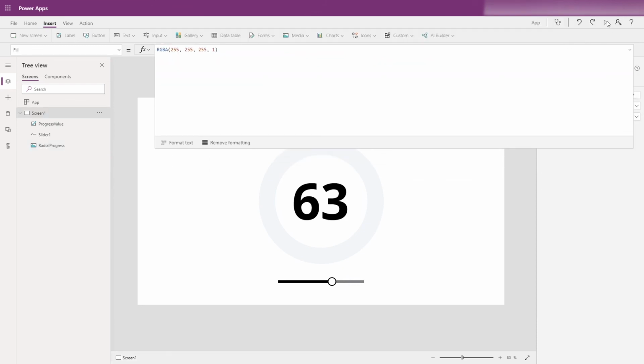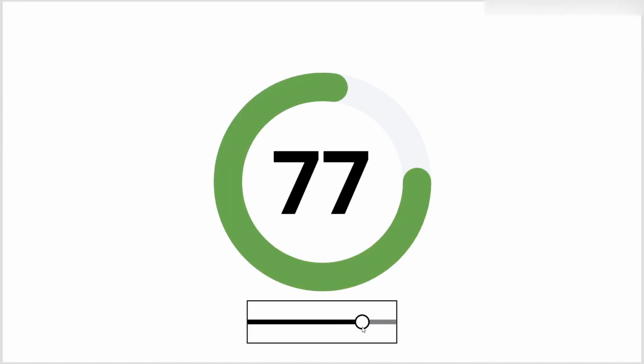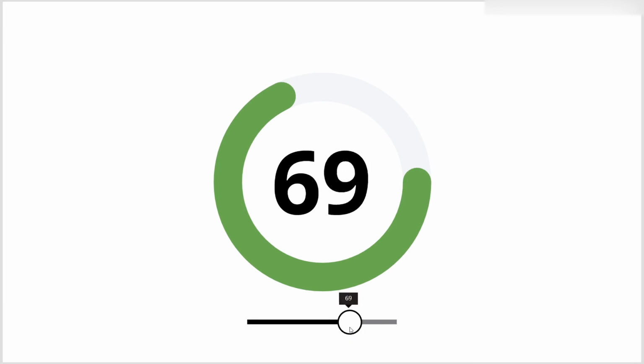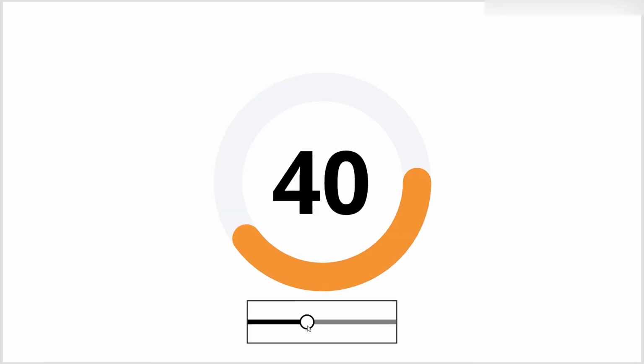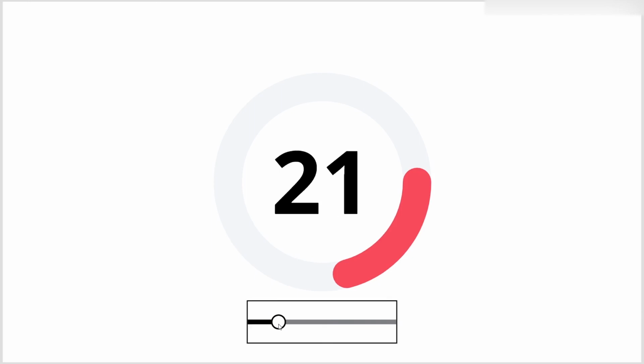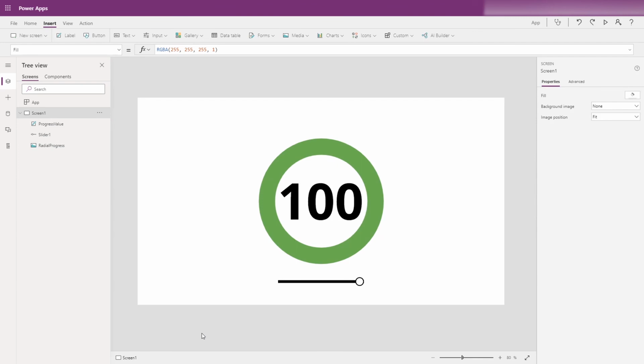So let's take a little look at how this runs now. And you can see high values, the line is green, slightly lower is orange, and when we get underneath 25% here, it drops to red. And that's really all there is to it.